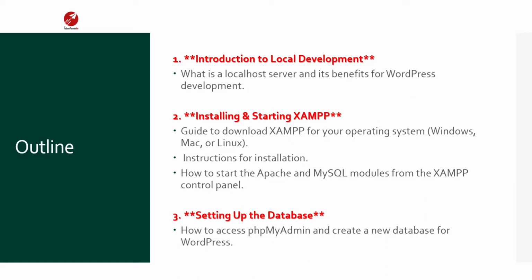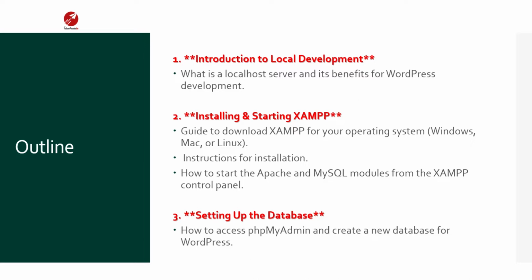XAMPP will be our local host server that we'll be using. All right, so I will be guiding you through how to download and install it based on the operating system you are using, whether you are using Mac, Windows or Linux. Any of those you can install it, and then we're going to start the Apache and MySQL, all right, so that we can work with database.